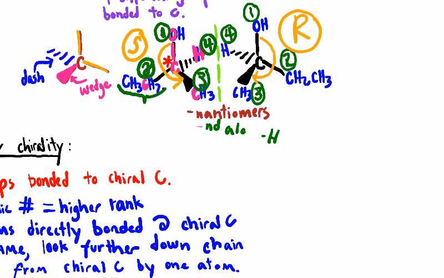So you might occasionally run into a question where it would say, provide the IUPAC name for a molecule, including stereochemistry. And if it indicates that, you need to definitely be specifying whether the molecule is S or R, or if it were an alkene, you would need to be telling me whether it was cis or trans. That's what we mean when we say mention the stereochemistry in the name of the molecule.